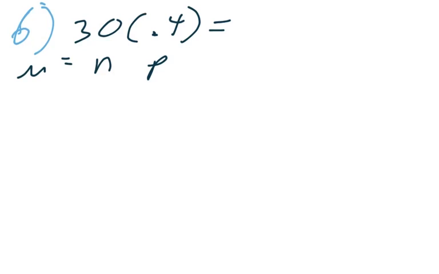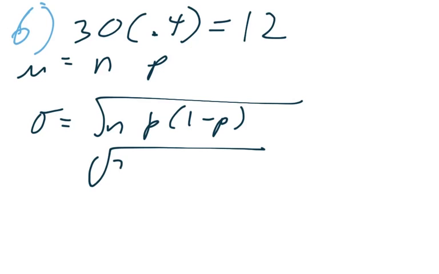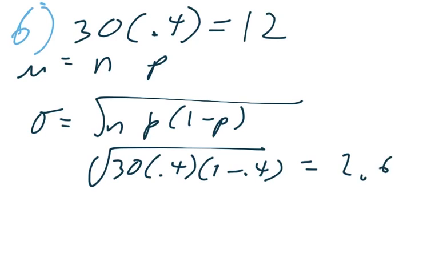And that turns out to be 12. And the standard deviation is the square root of n times p times 1 minus p. So that would be the square root of 30 times 0.4 times 1 minus 0.4, which is 2.68.